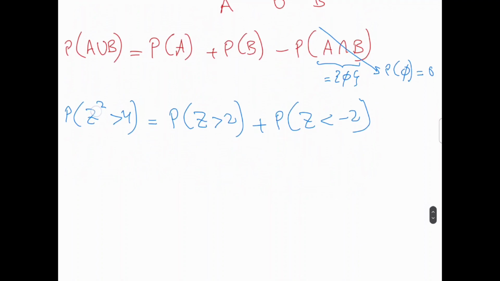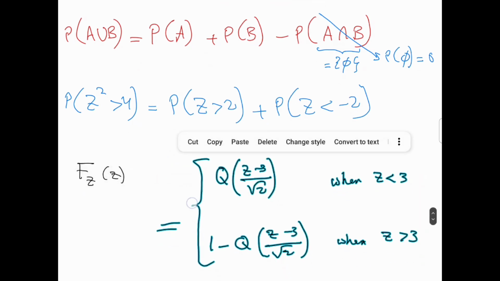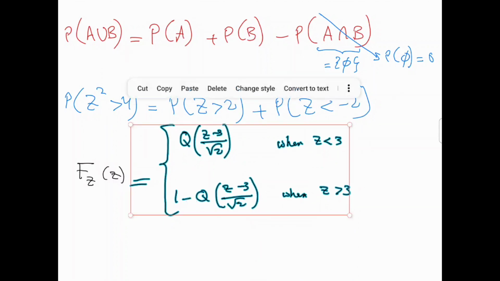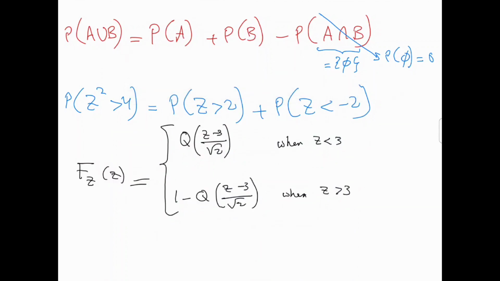Now remember, in order to solve this probability, we know that the cumulative distribution function F_Z(z) is equal to this. And we know that the distribution function is defined as the probability that capital Z is less than or equal to little z.